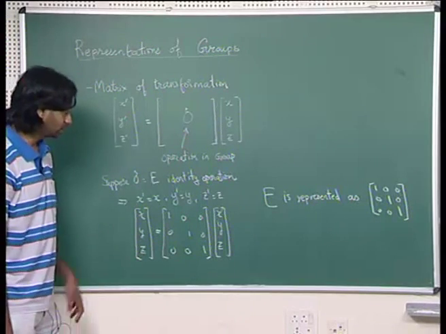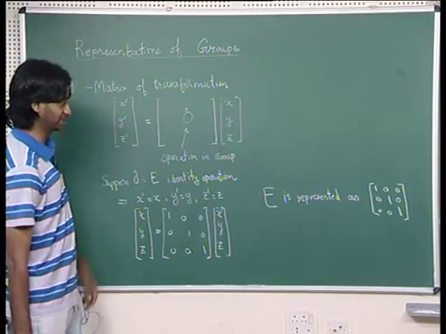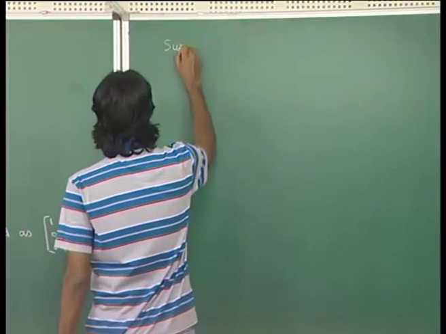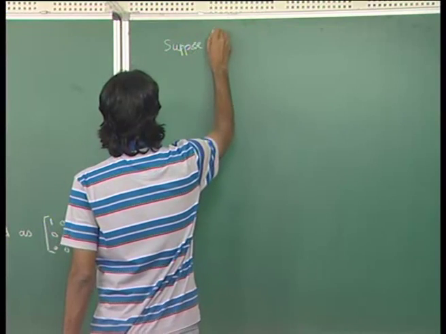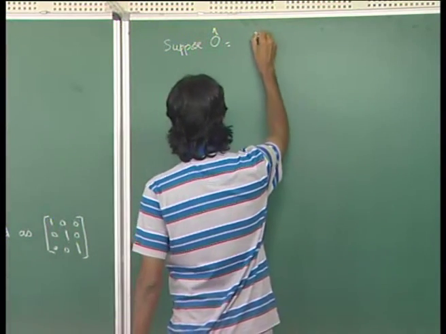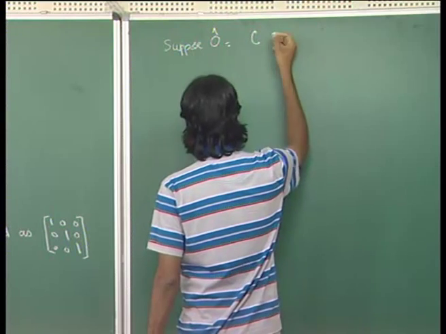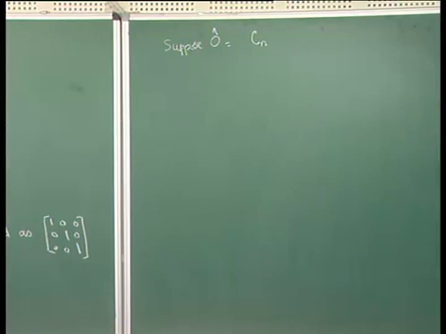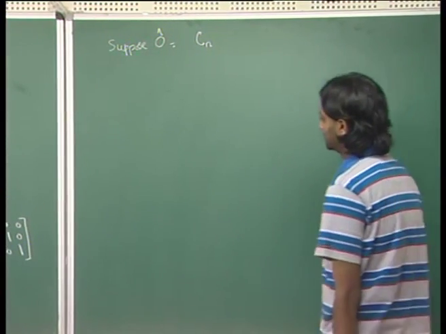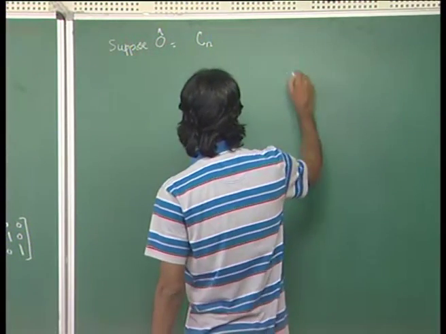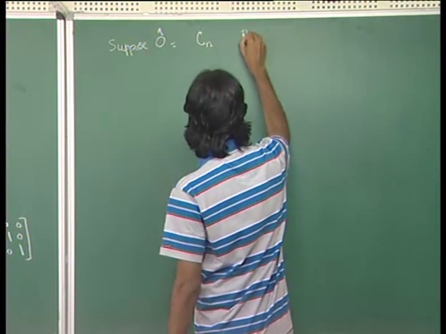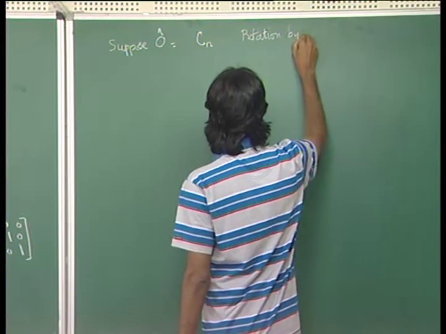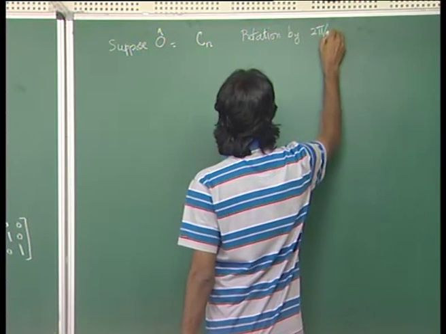Now, suppose the group has other operations. So, let us take another example. Suppose O is equal to C n, a rotation by 2 pi by n.